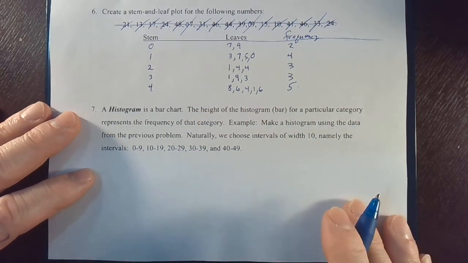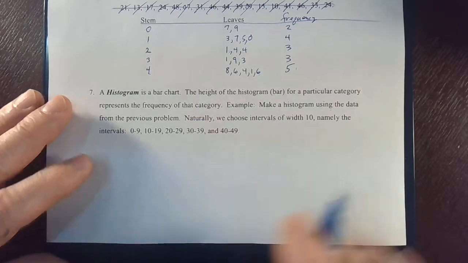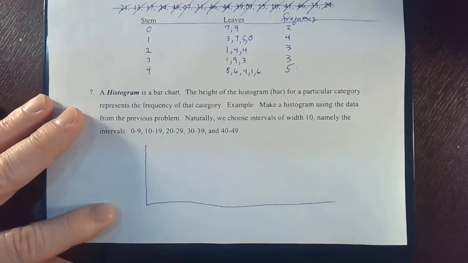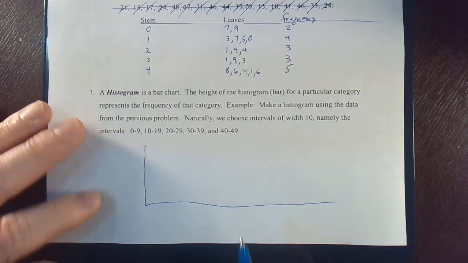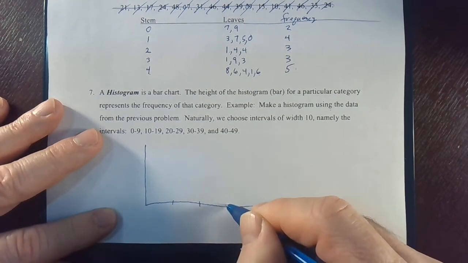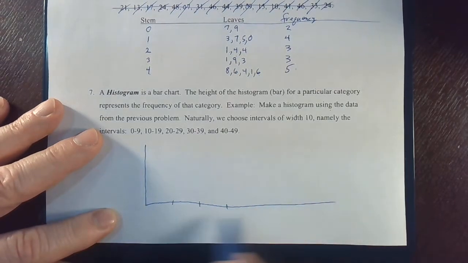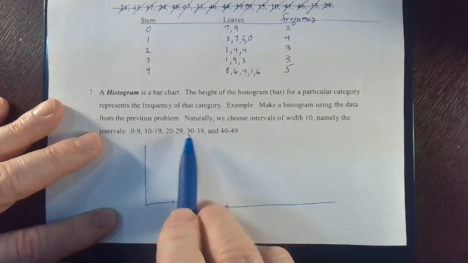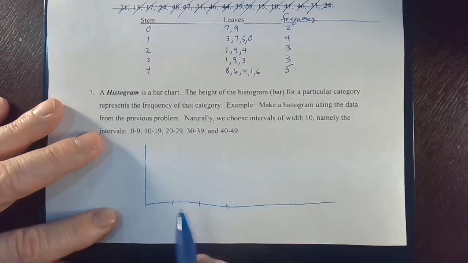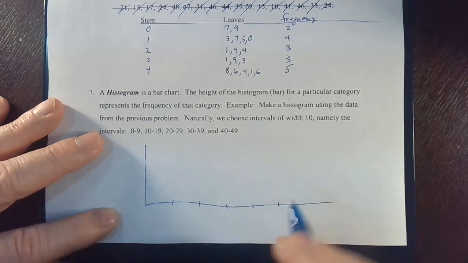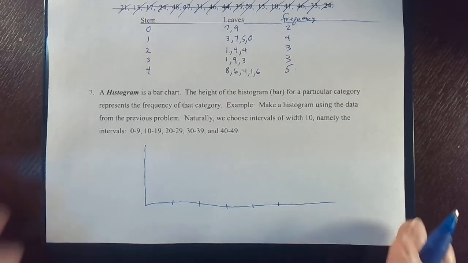So here's how we make a histogram. Not a very straight line there, unfortunately. And we're going to break it up into, kind of like the x-axis, the horizontal line. I need 1, 2, 3, 4, 5 categories. I'm going to have 5 bars, actually.